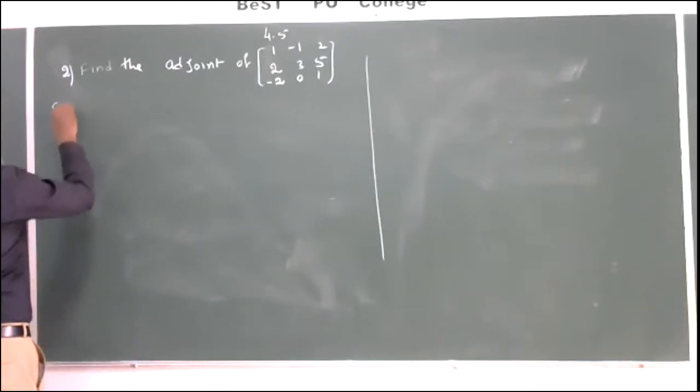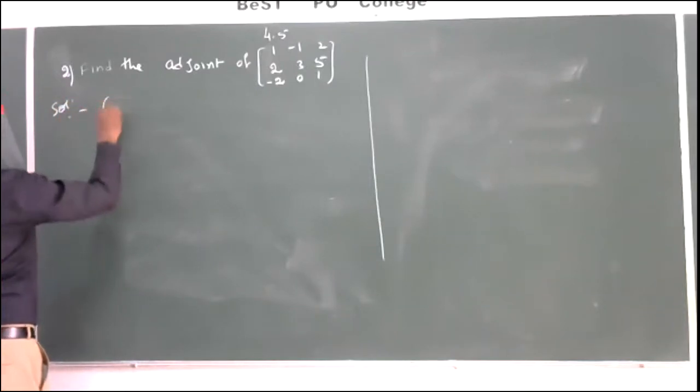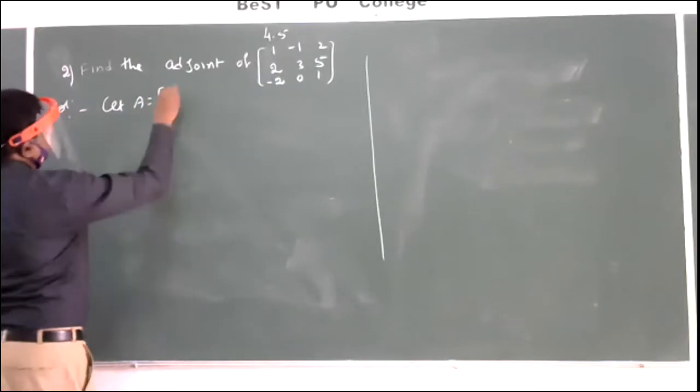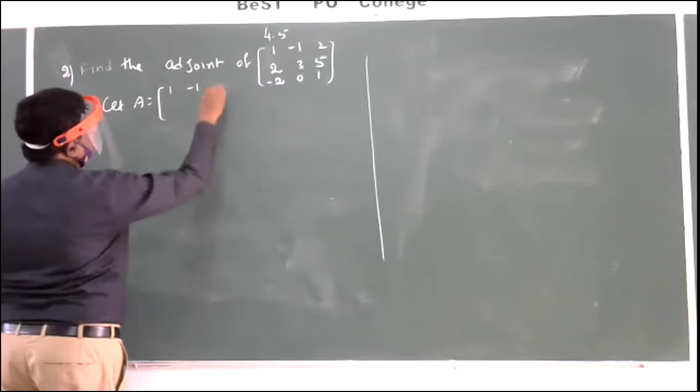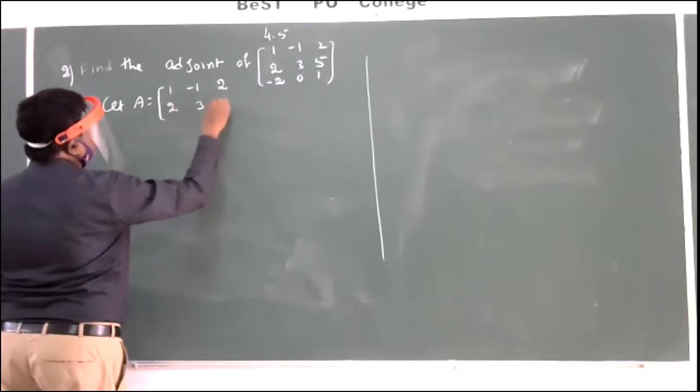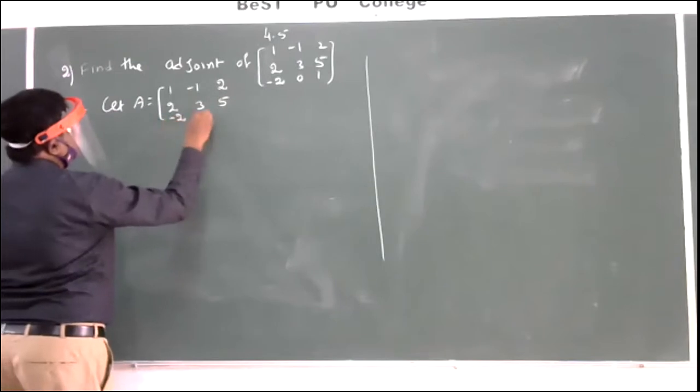First let A equal to [1, minus 1, 2; 2, 3, 5; minus 2, 0, 1].